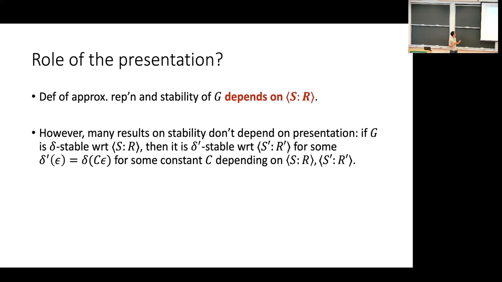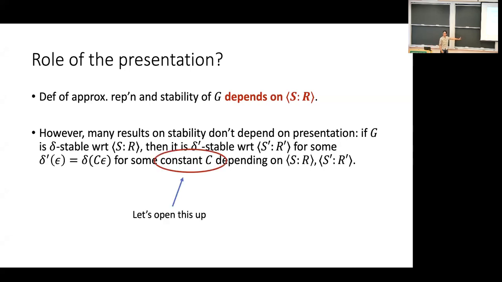Why is that? Well, you can make a generic argument saying that if a group G is delta stable with respect to one presentation, and delta is some function of epsilon, then if you change presentations, you get a different delta prime. And what's the change? Well, you just multiply your epsilon by some constant, the constant depending somehow on the two presentations you're changing between.